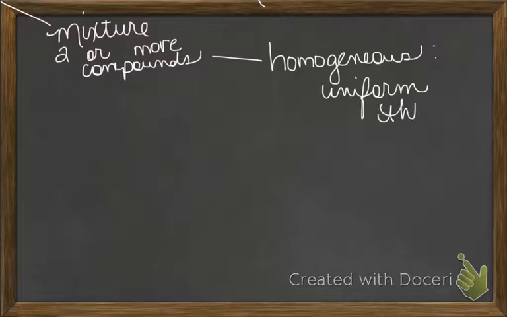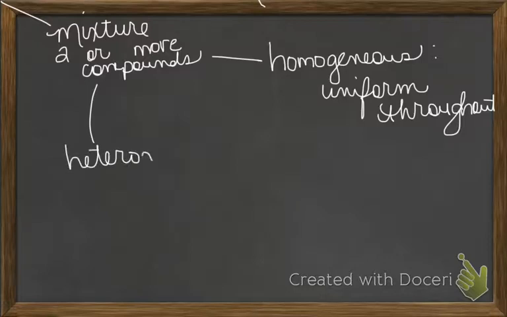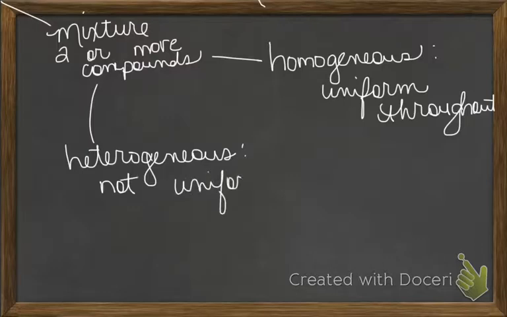It's the same thing throughout its composition. Heterogeneous means that it's not uniform throughout. It would be different.